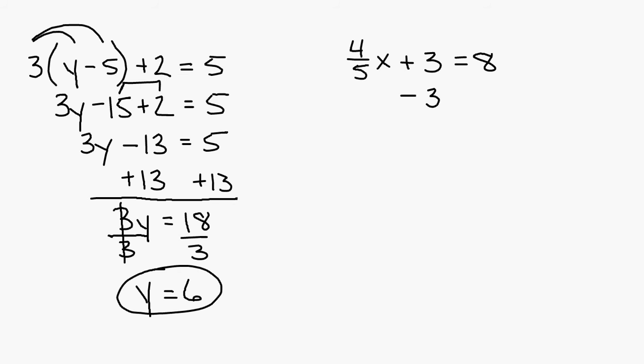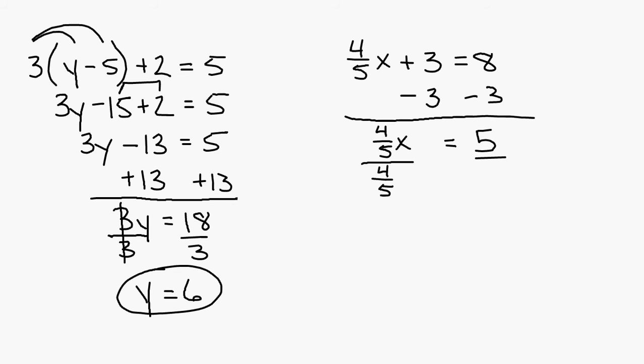Subtract 3 from both sides. So 4/5 x is going to be equal to 5. Can anybody tell me what you would do next to solve for x? Divide both sides by 4 over 5. Very good. So divide by 4 over 5.